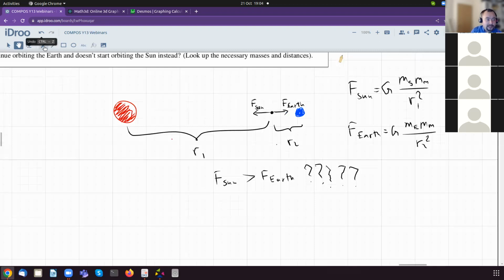So the moon is traveling at a right angle with speed v, and it can turn left or it can turn right. And apparently this force from the sun is bigger, so it should be turning left. But it's not. Or is it? So this is what I want you to look into.